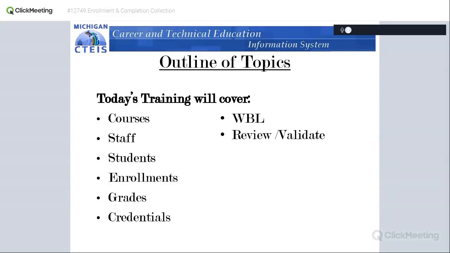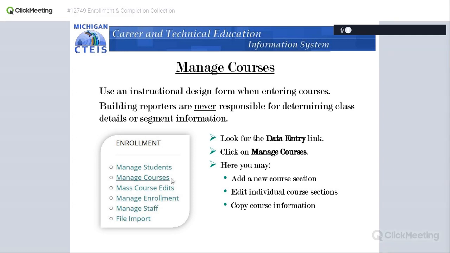So our first section that we will cover today, just give me a second to pull that up for you, is manage courses. Okay, so the manage courses screen allows you to add, edit, and review course sections and segments. Course sections and segments are very important in identifying advancement.